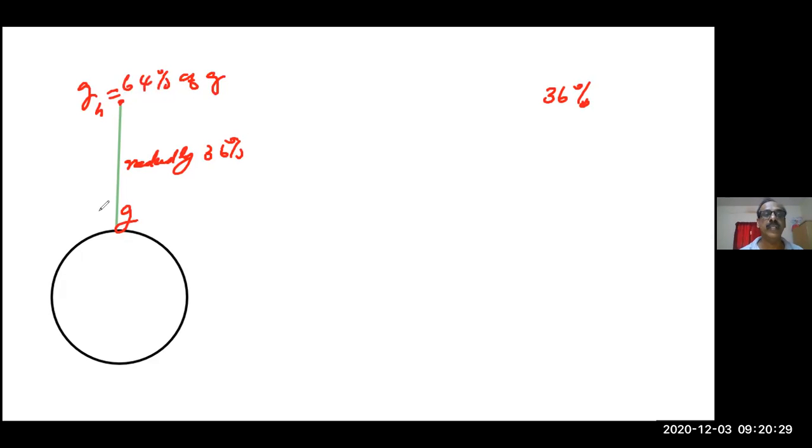Percentage means out of 100. So out of 100, 36% is reduced. So the remaining g is 64% of g. Any doubt? So we can write here g_h is equal to 64% of g.